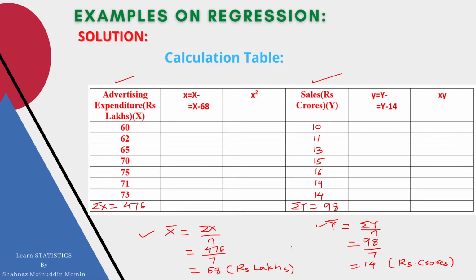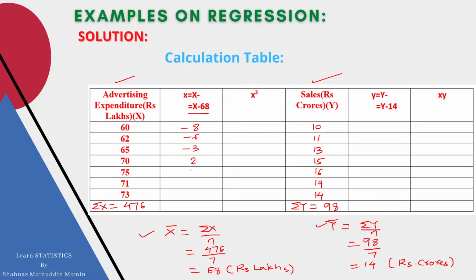Now we will calculate the deviation of x from mean, means X minus 68. Subtract 68 from all the values of X one by one. So 60 minus 68 is minus 8. 62 minus 68 is minus 6. Similarly, this is minus 3, 2.